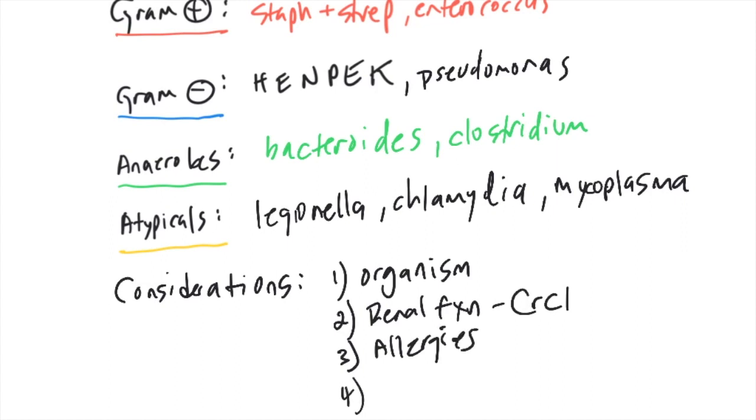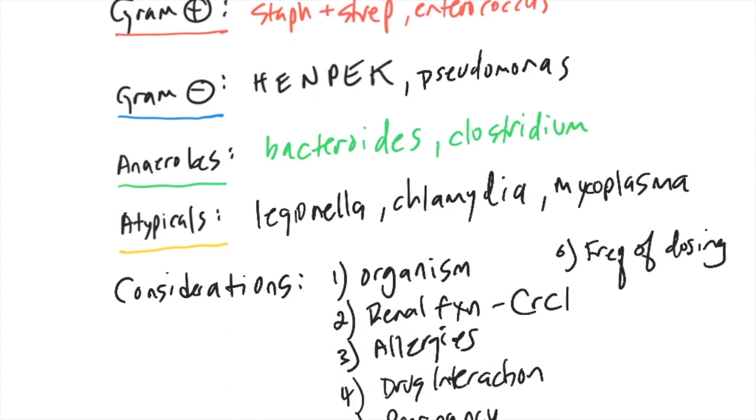Other considerations would be drug interactions, pregnancy, frequency of dosing, and cost if it's an outpatient decision. So you want to keep these things in mind to help you make antibiotic selections.